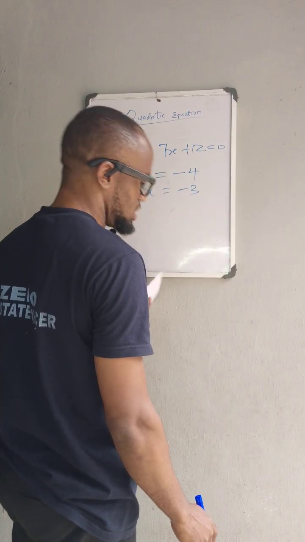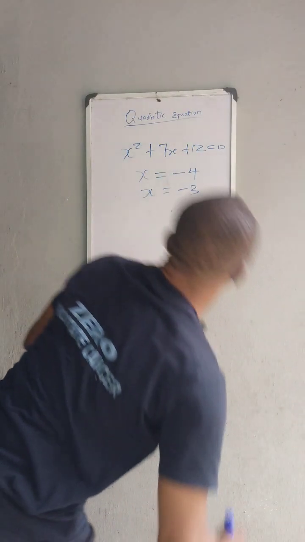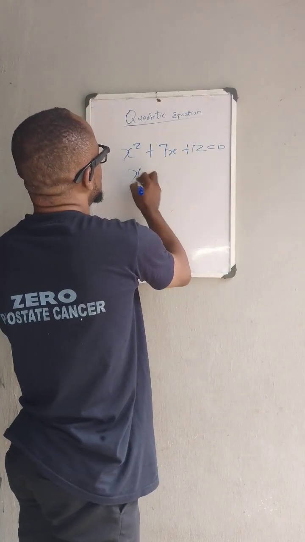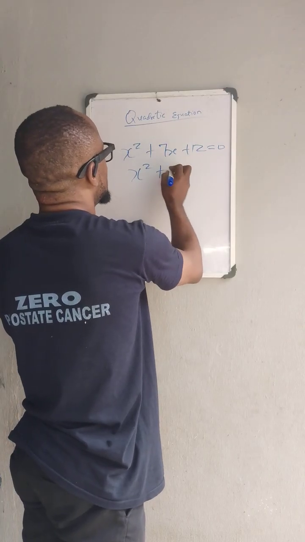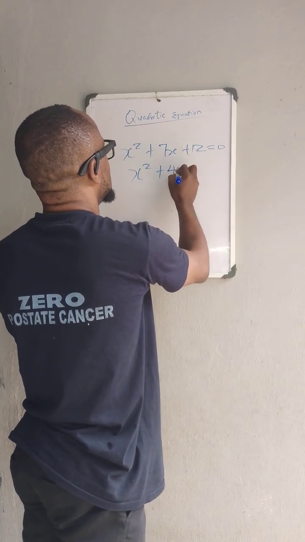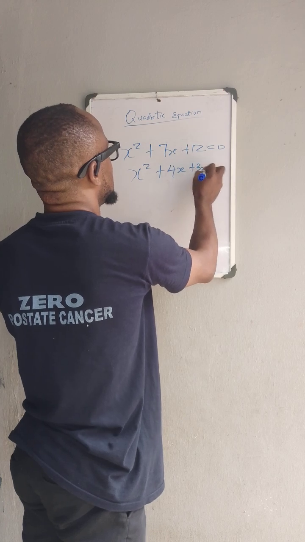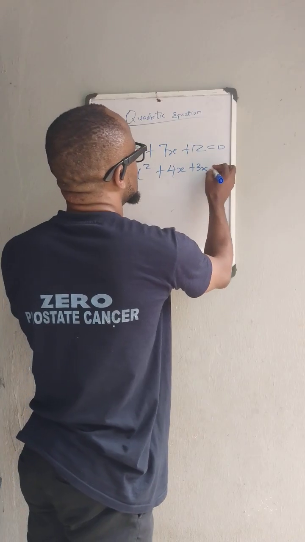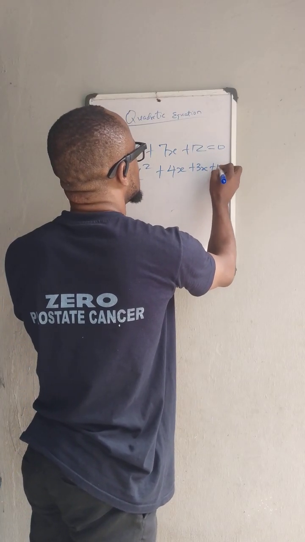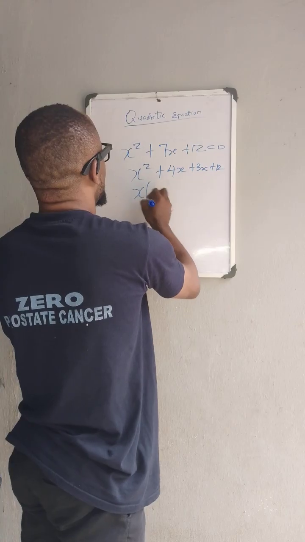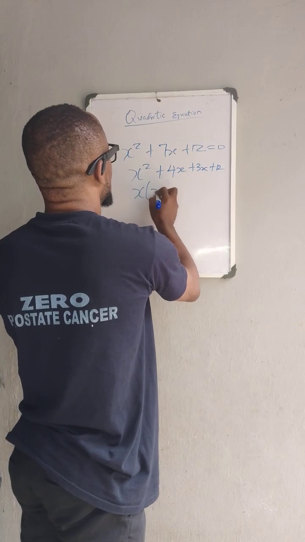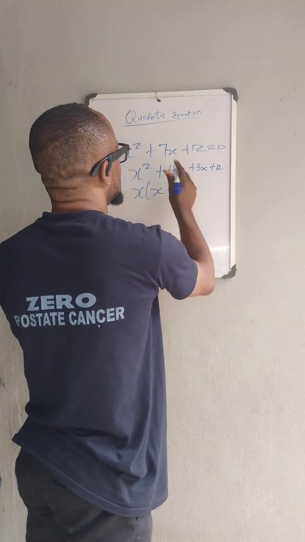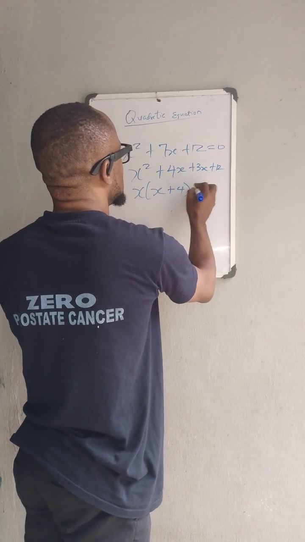But if you feel like expatiating, you can do it like this. x squared plus 4x plus 3x, 3 plus this is equal to 7, then plus 12. So x will take care of x. Then x times x is x squared, plus 4x will take care of x here.